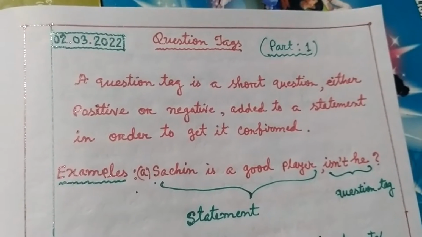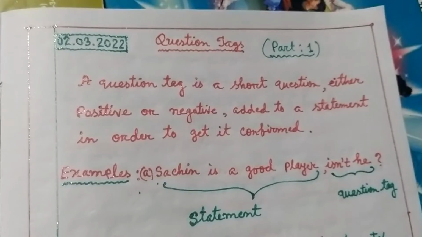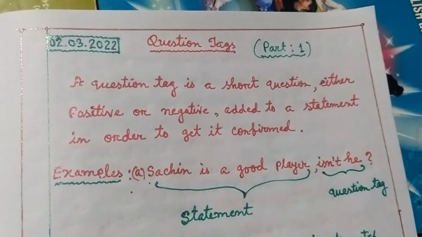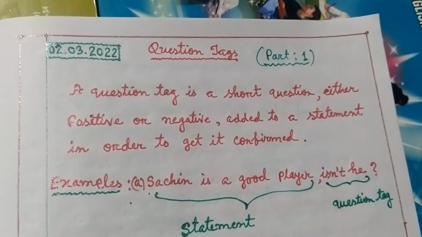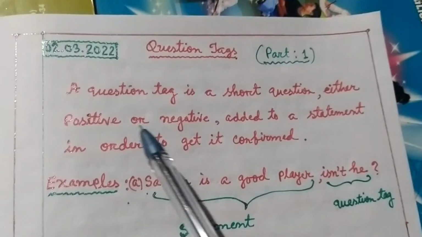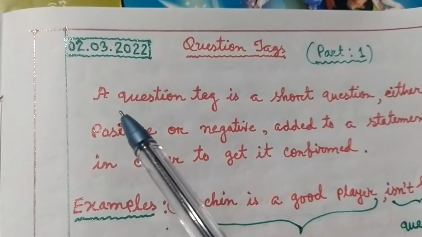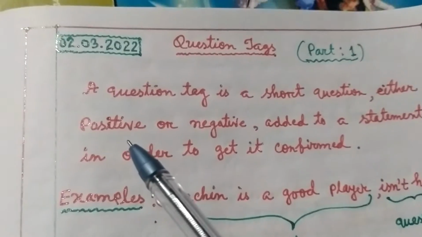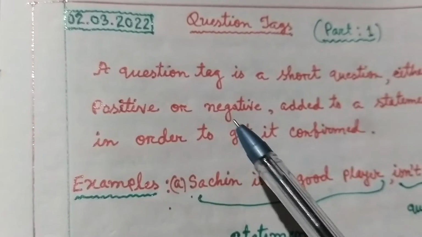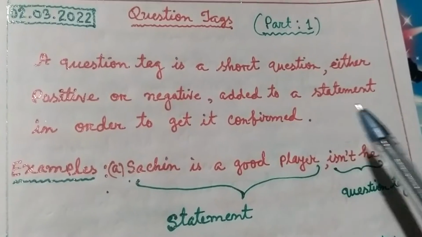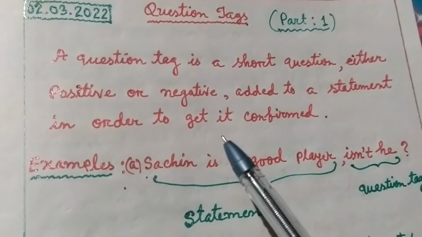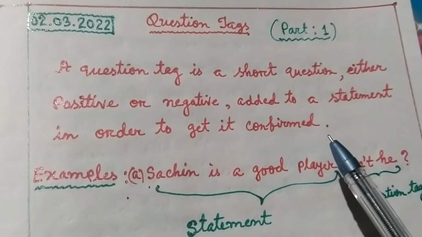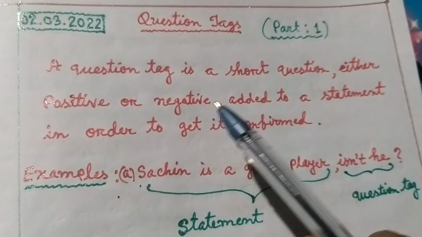So students, today I am going to discuss English grammar, question tags, part 1. What is a question tag? A question tag is a short question, either positive or negative, added to a statement in order to get it confirmed.